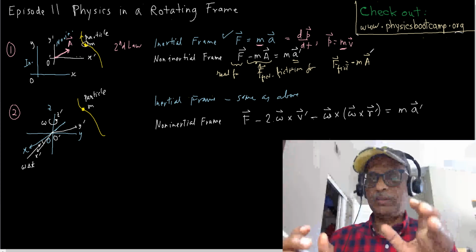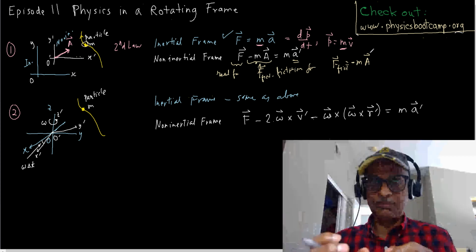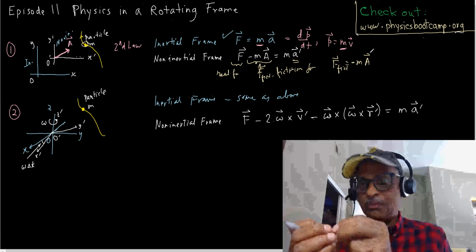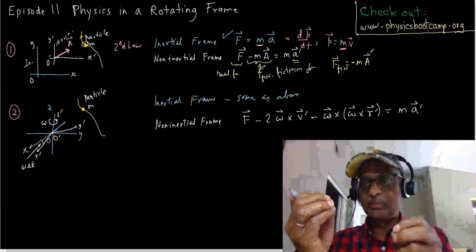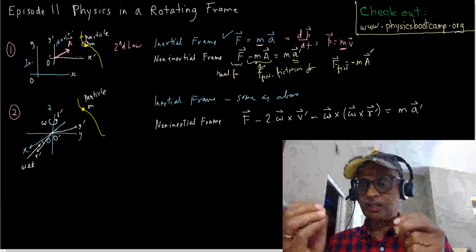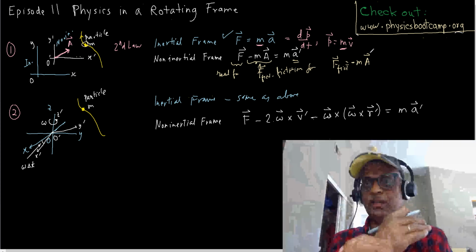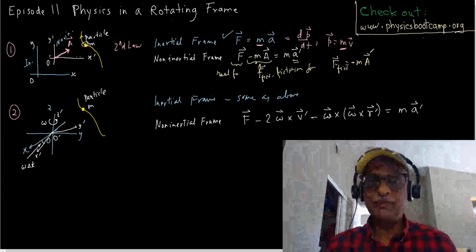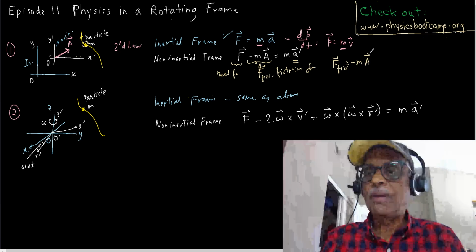So if the frame is a truck which is accelerating and the object is a box on the truck, then if you're looking at the box from the perspective of the truck, it will seem like there's a force towards the back of the truck. There are examples, so see earlier videos in this series.